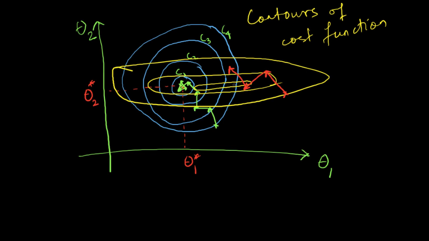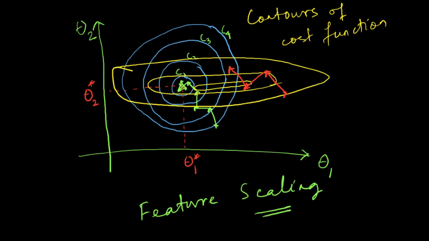But if you take even a slightly larger learning rate, then because your contours are very skewed, you keep jumping all over the place without actually converging anywhere. This is happening because your features have very different scale lengths, and that is why it is extremely important to do what is called feature scaling.